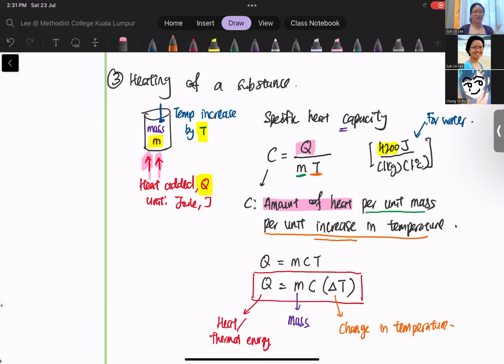It's just that now instead of adding heat, I take away the heat. Okay, and very important, sometimes they will ask you to define what specific heat capacity C is. So please know how to define it or write it in a sentence. It's basically the same equation. Alright, you just move the M and T over to that side, and then you get heat per unit mass per unit increase in temperature.